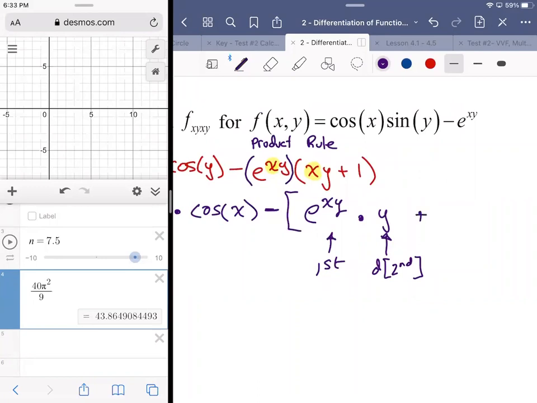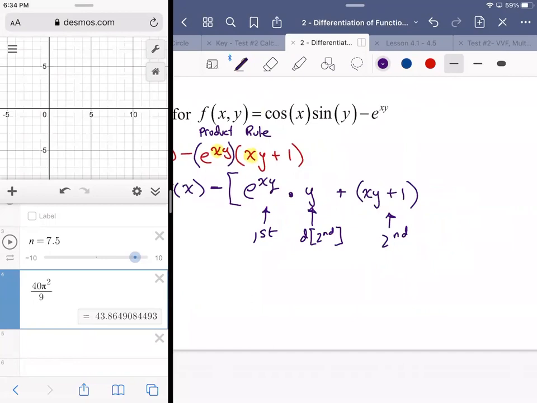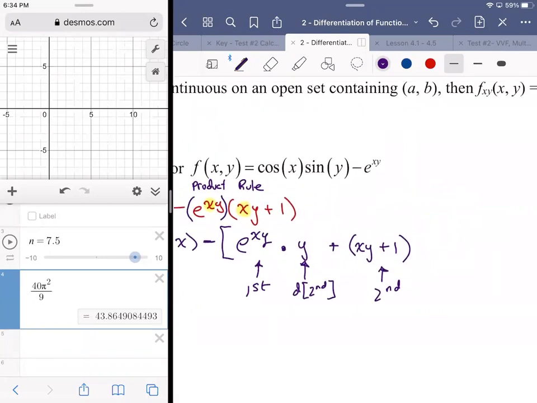Plus my second function times the derivative of the first, which is going to be e to the xy multiplied by the derivative of xy with respect to x. So y is what we hold on to, x goes to 1. Okay, so this is the derivative of the first, this whole shebang here. Let me actually squiggly bracket this bad boy here.